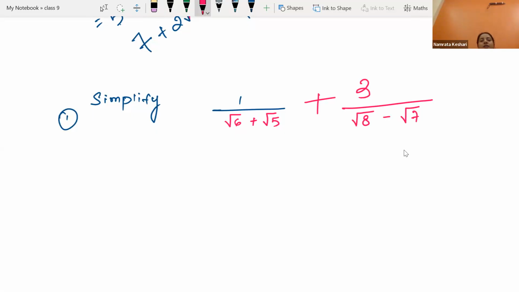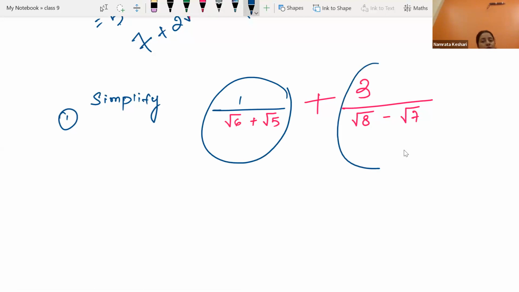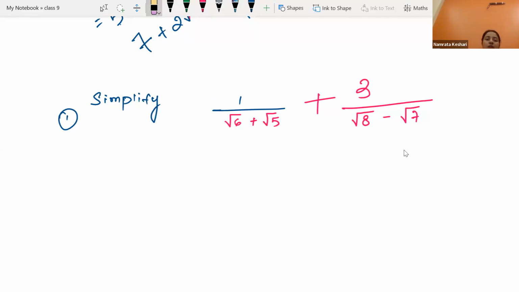Okay, now you understand while doing the rationalization, we are just getting the equivalent fraction. Our final answer and the original question look different, but actually these two are equivalent fractions only. So if we understand that, we will do rationalization of this one, we will do rationalization of this one, and then we will be adding these two.